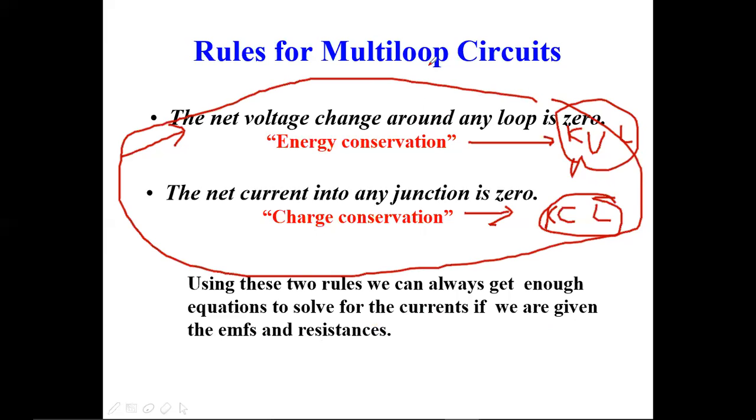So these two are the fundamental rules. Based on these two rules, all the equations are solved for finding currents, if the EMFs and resistance values are given.